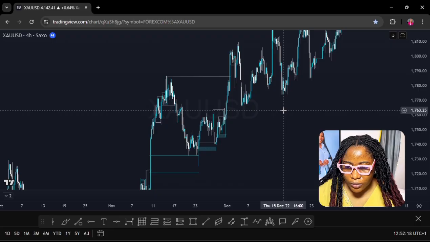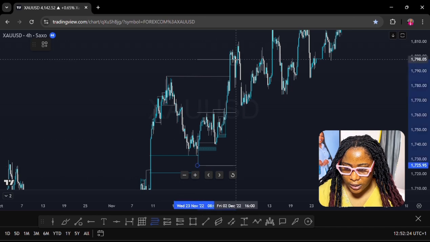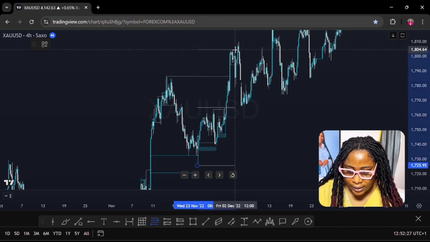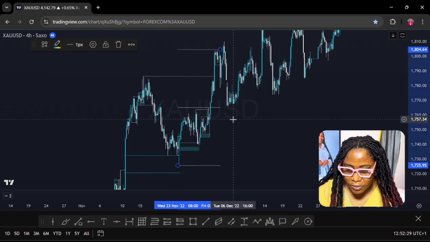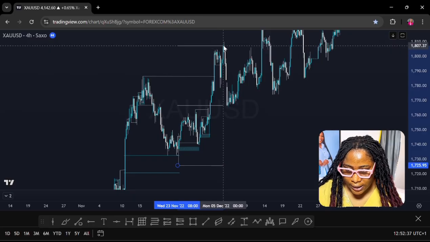Once we zoom out, this is here. We will just do something like this to this high. So we are expecting this to come, but it taps into this order block, gives us a new high before it dumps. So we'll extend it to this high.